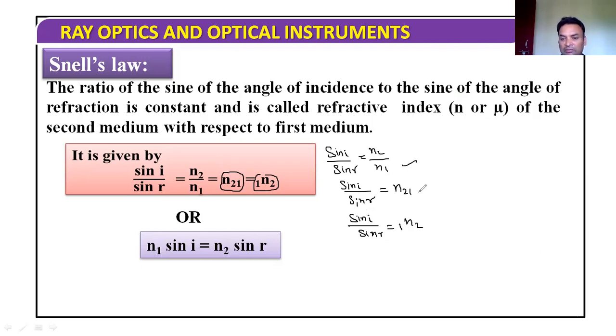All these are the same thing, and they are called Snell's law. The fourth form of Snell's law is N1 sine I is equal to N2 into sine R. So all these forms are Snell's law. In your numerical problems, you can use any of these formulas to show Snell's law.